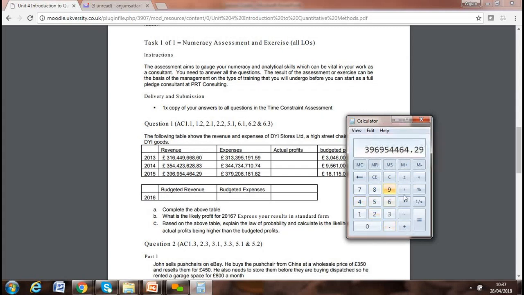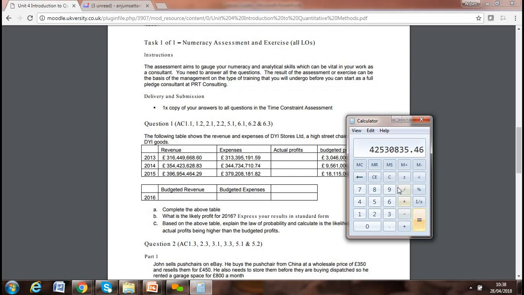3,956,954,464.29, and the previous year figure was 3,542,362,8.83. So that's the change between two years.